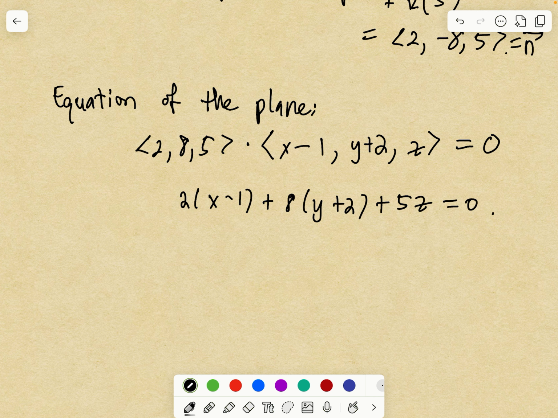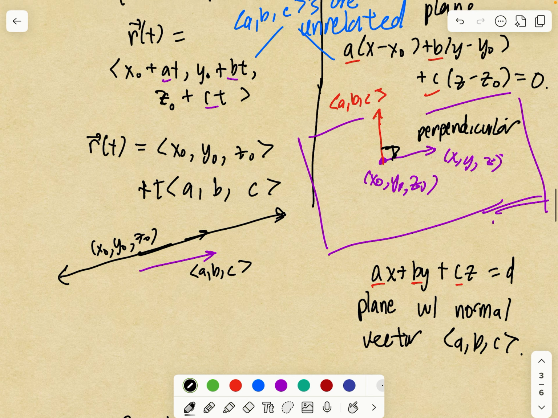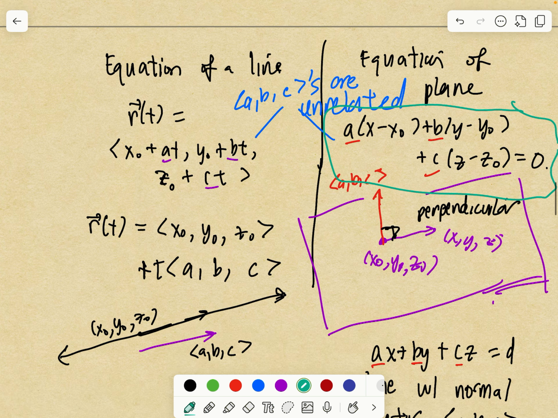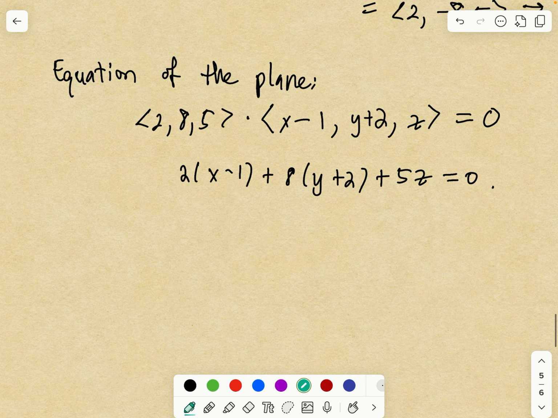Or alternatively, if you just remember this formula, you can use that directly. You didn't have to write out the dot product. But okay, so that's an equation of the plane.